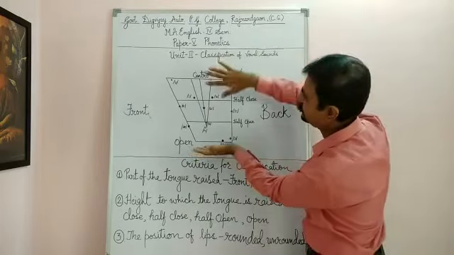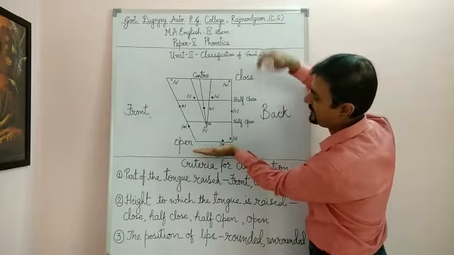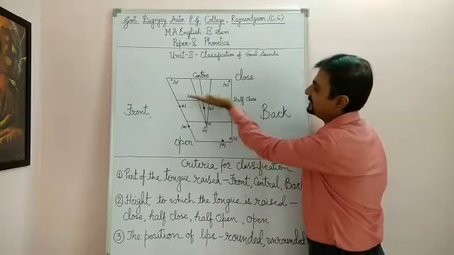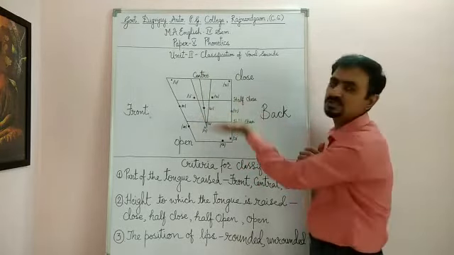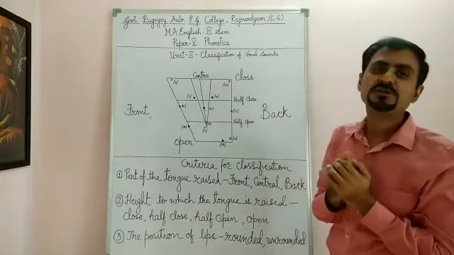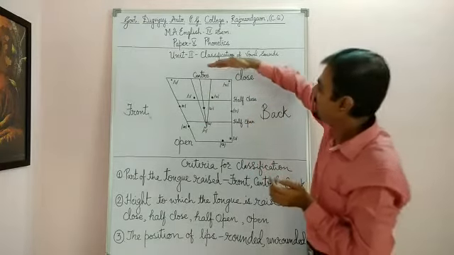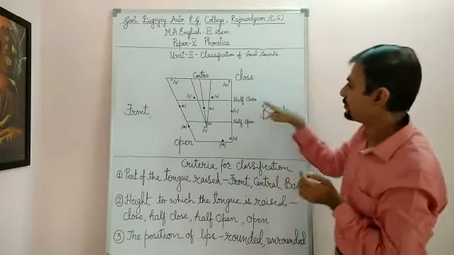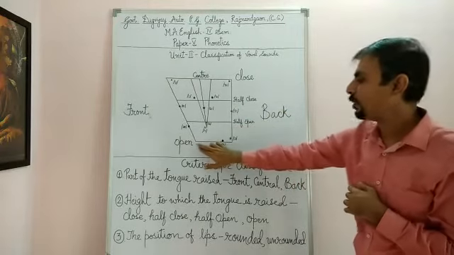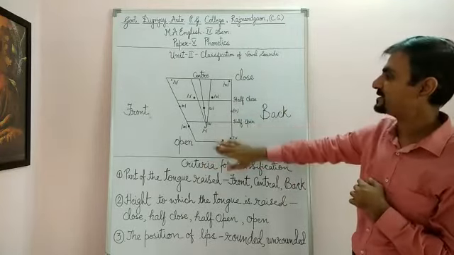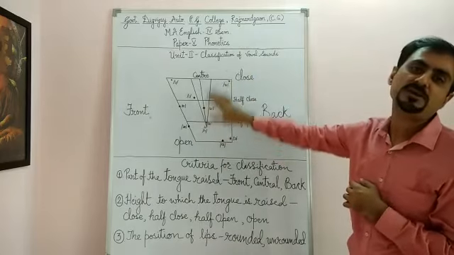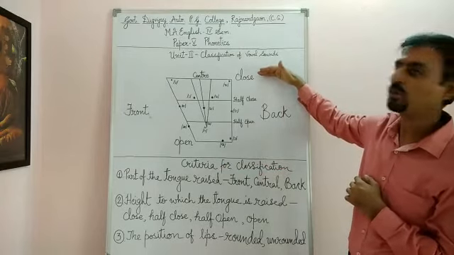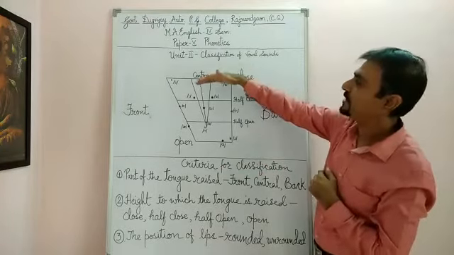Now, to understand that, you need to imagine that this is the cavity of our mouth and this is the tongue. And these are various positions, or various heights, to which the tongue can be raised. Here we have the close line, half-close line, half-open line, and then the open line. This diagram is divided into three parts with the help of four lines. Now, what is the close line? The close line means it is not completely closed.